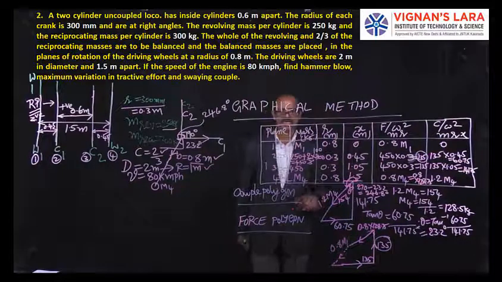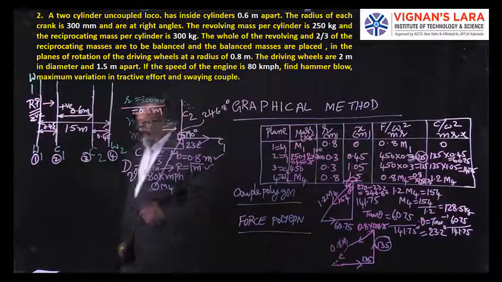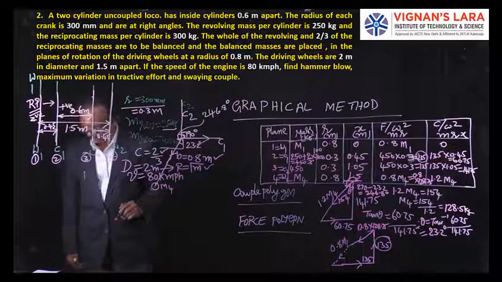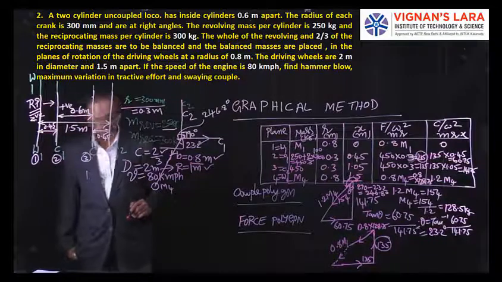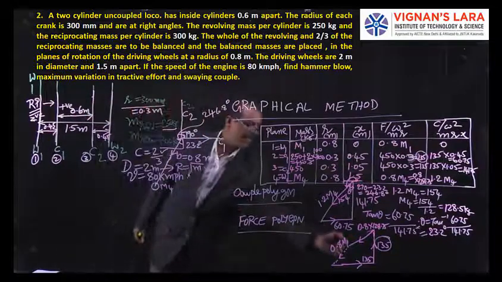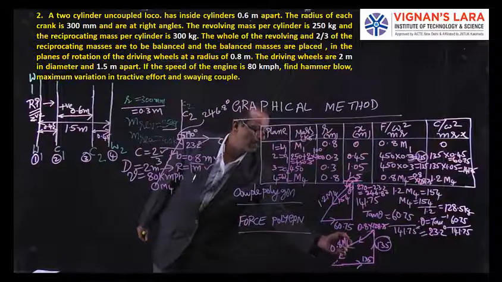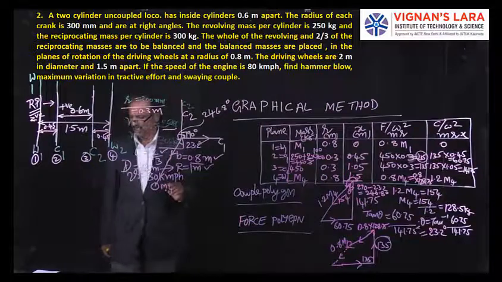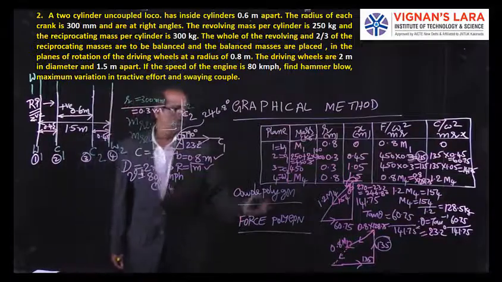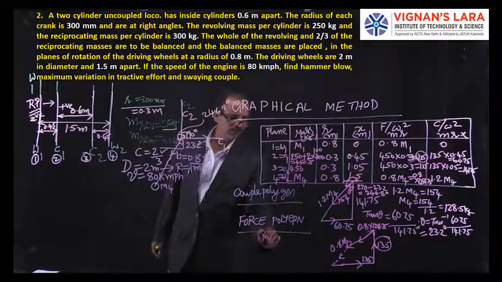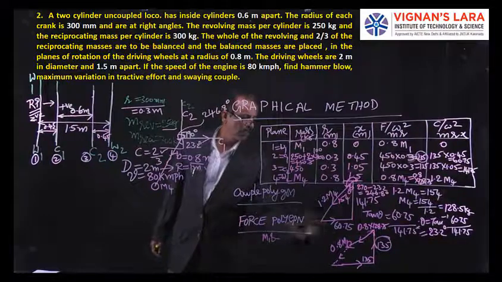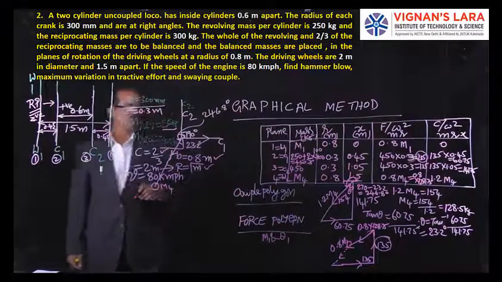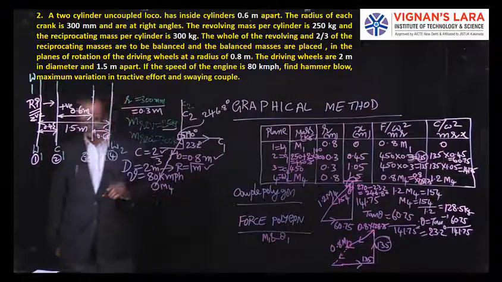If you draw this sketch and measure this, you get M1 as well as the value of this angle. This angle you also get by measuring. So you get M1 as well as theta 1 from the geometrical construction.